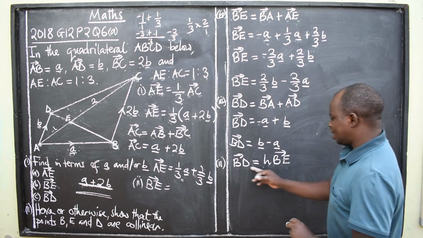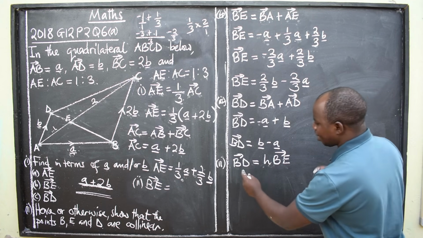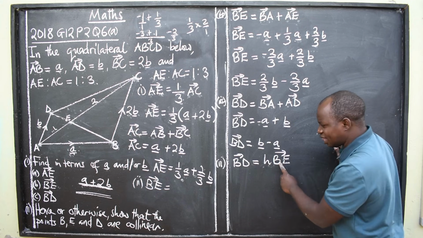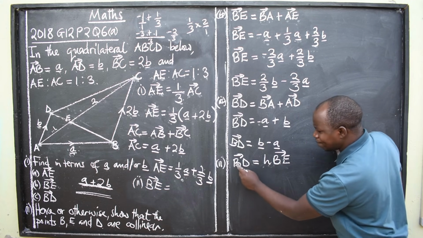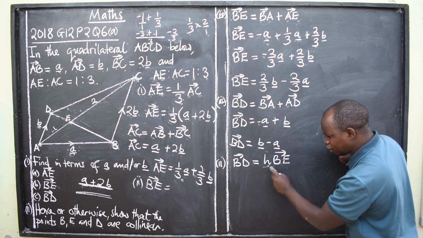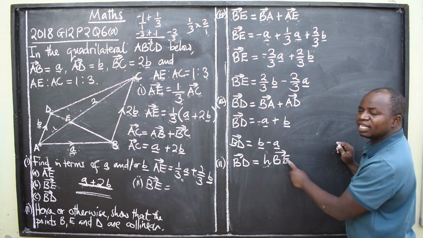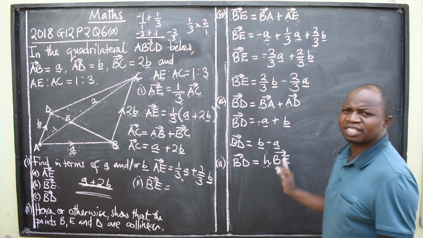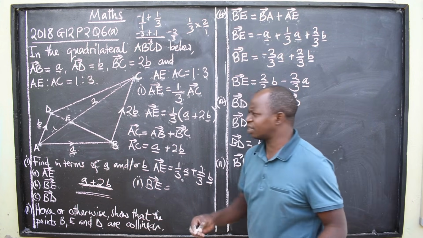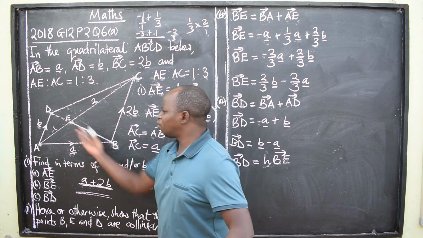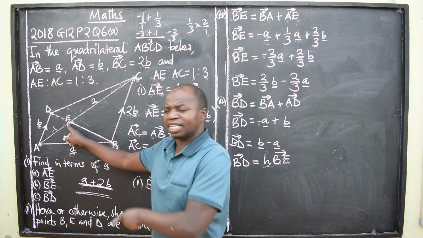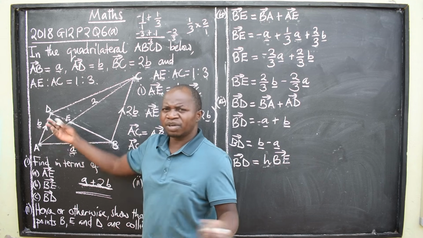For these 3 points to be collinear, BD must be multiplied by a certain number to get BE. Of course, this is not the only way you can express it. You can express it in different ways. You can even say BE must be multiplied by a certain number to get BD.